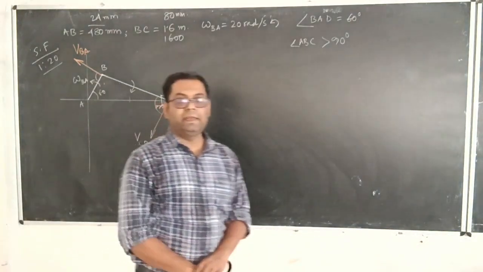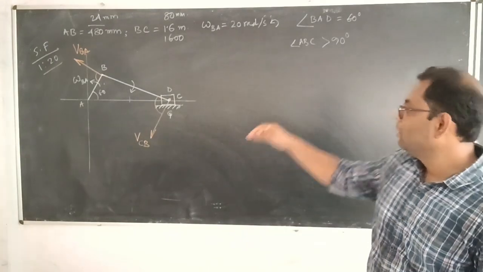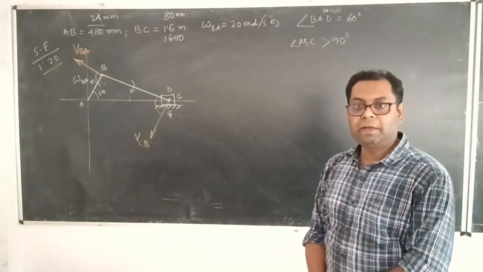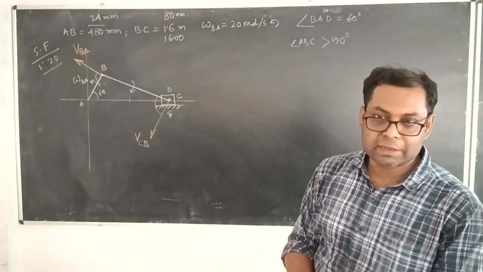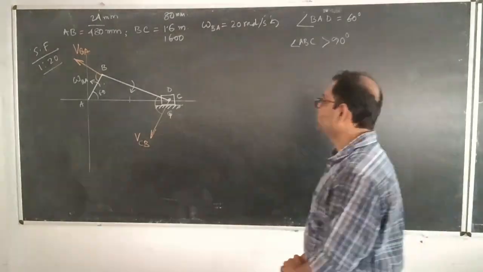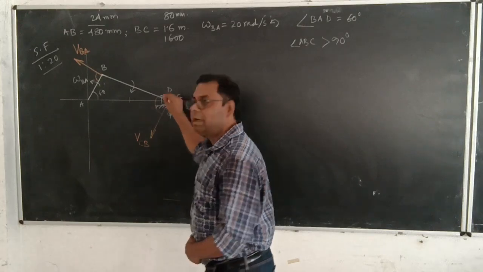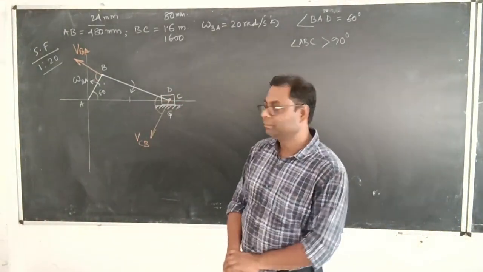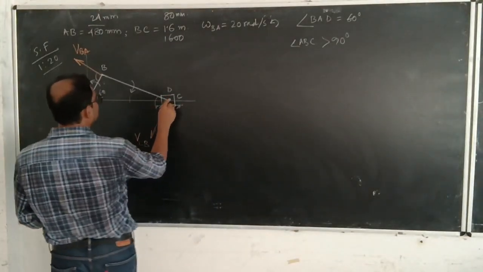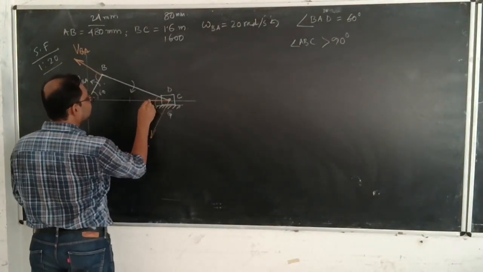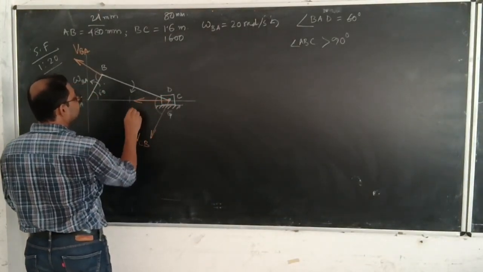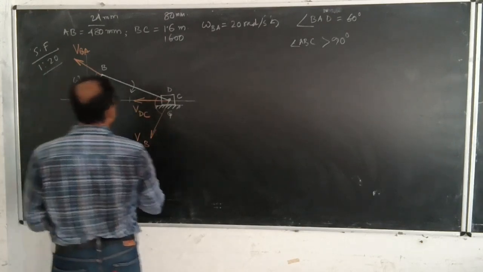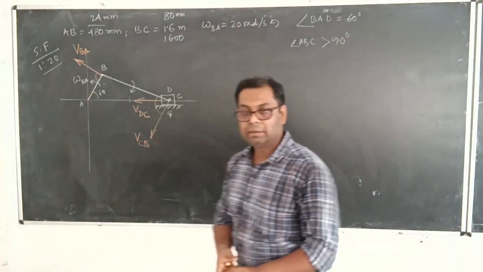this angle is 90 degree and it is having a tendency of velocity component towards the left hand bottom direction, bottom and slightly left hand direction. And the slider block, which is having a connector at point C, is having a tendency to move towards the left.